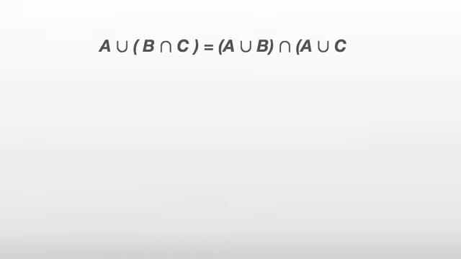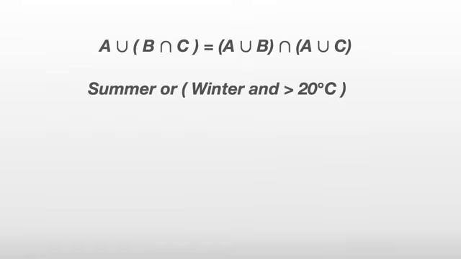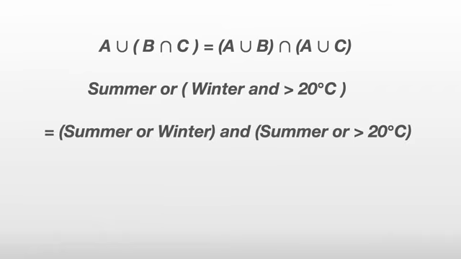We can use the distributive property we've just seen to work with the logic of a given statement. So if we have the set of days in the summer or winter and more than 20 degrees, the identity says that this must be the same as summer or winter and summer or more than 20 degrees, which at first sight doesn't seem to make much sense, but notice that summer or winter is any time, and summer or more than 20 degrees is the days when I cycle.